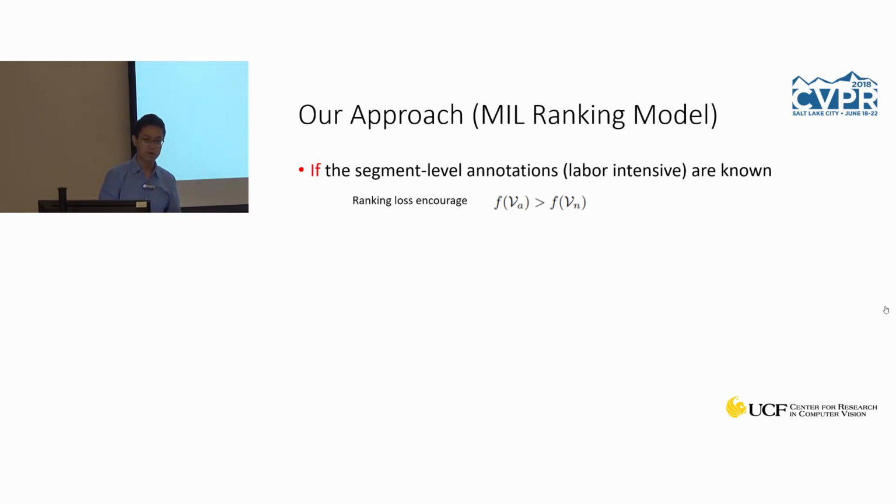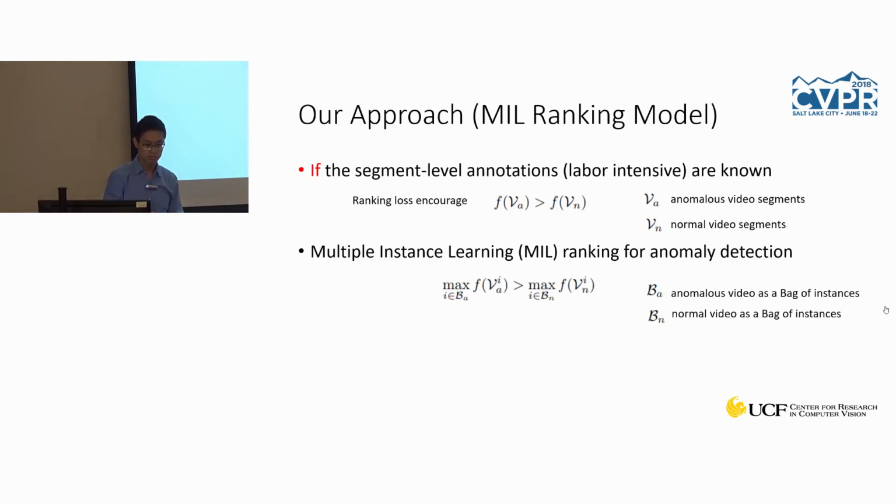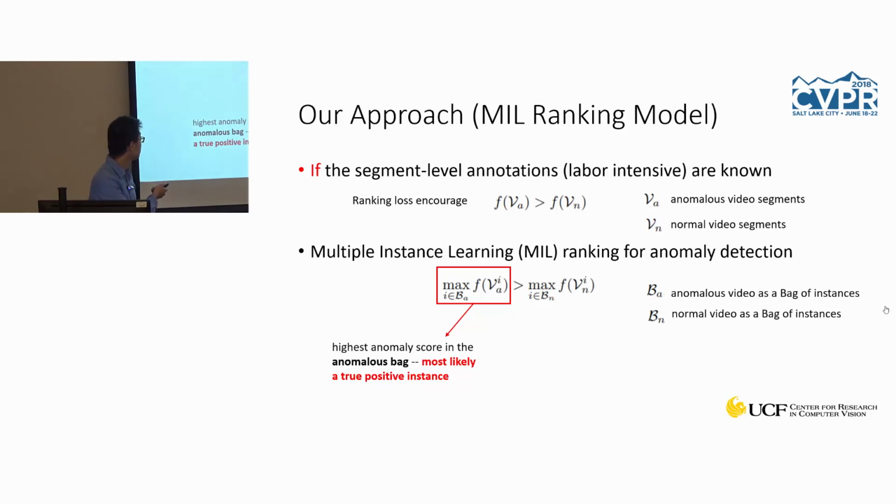If we had segment-level annotation, which is labor intensive, we would just use a ranking loss so that the anomaly score of the anomalous segment is higher than the anomaly score of the normal segment. But here we don't have segment-level annotation, only bag-level. So in the multiple instance learning framework, in the positive bag, which is the anomalous bag, we find the maximum score of the segments. This highest anomaly score in the anomalous bag will most likely be a true positive instance, because that's the anomalous segment.